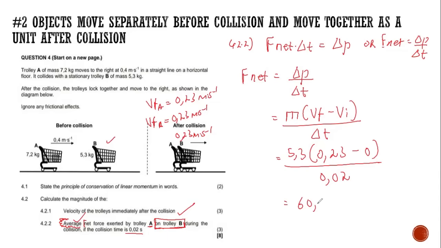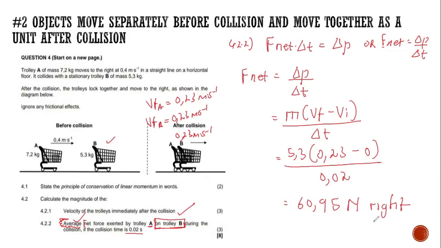Then we have 60.95 newtons, right? And then since we have it as a positive, we have to say right. So that's basically how you were supposed to have that.